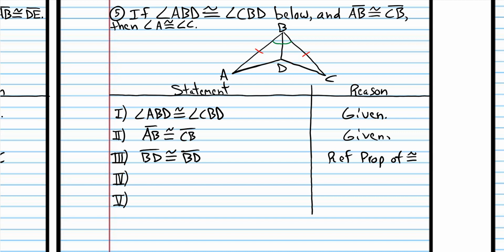And now we can use the side angle side congruence postulate for triangles. So triangle ABD is congruent to triangle CBD. And now that we know that they're congruent, we can say that angle A is congruent to angle C because corresponding parts of congruent triangles are congruent.